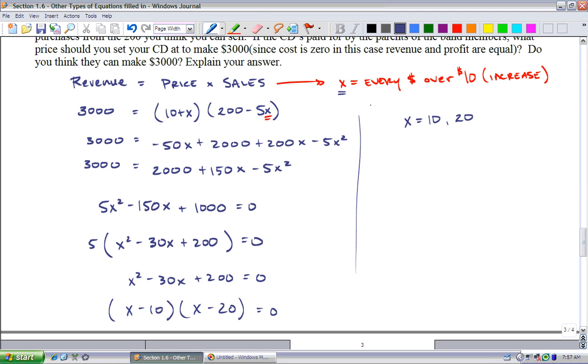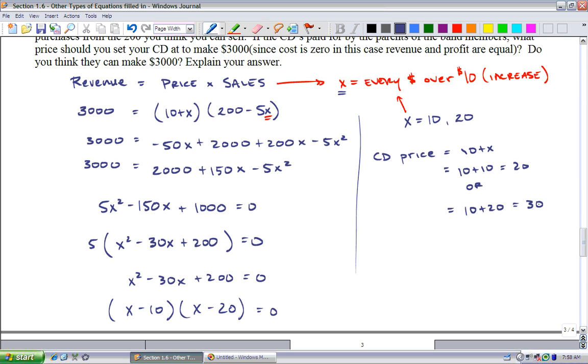Now, what that's saying, and we have to remember right here what x is equal to, what that's saying is, kind of a summary statement, is that our CD price, which remember equals 10 plus x, could be 10 plus $10, which is $20, or 10 plus $20, which is $30.